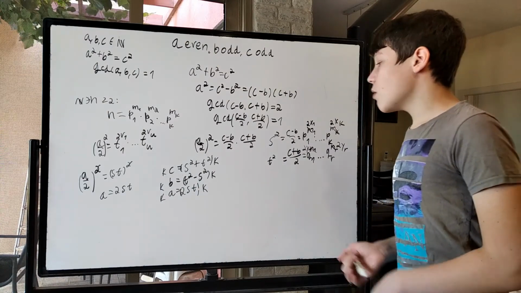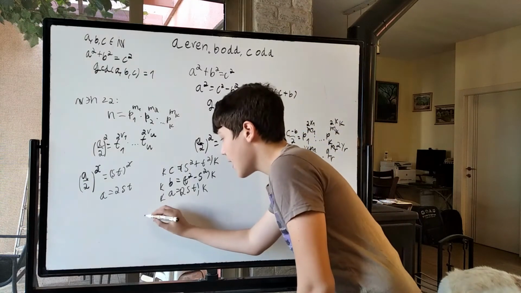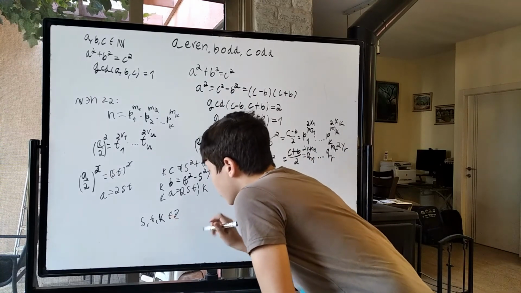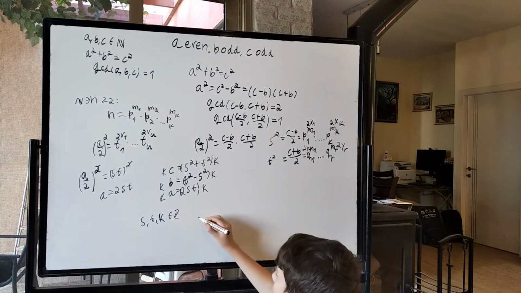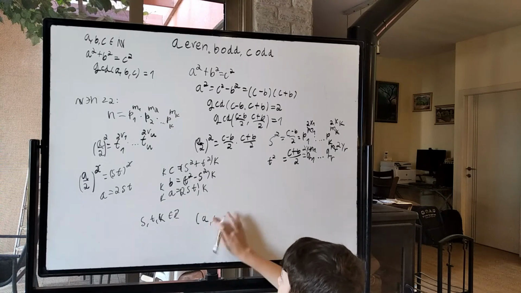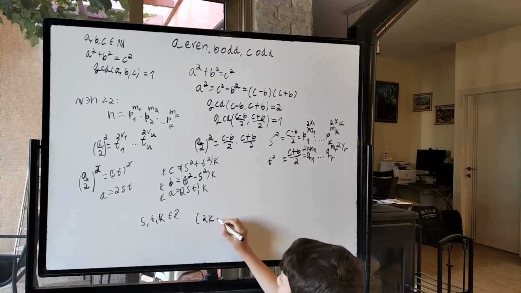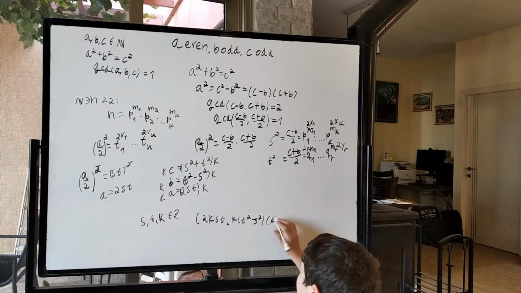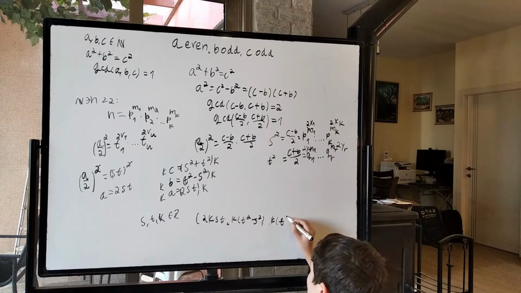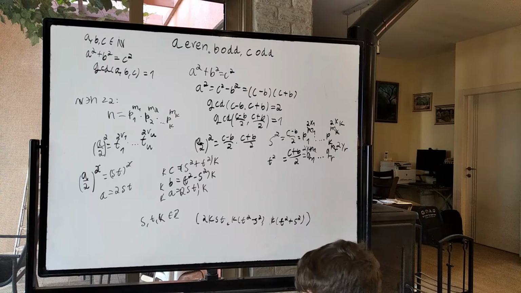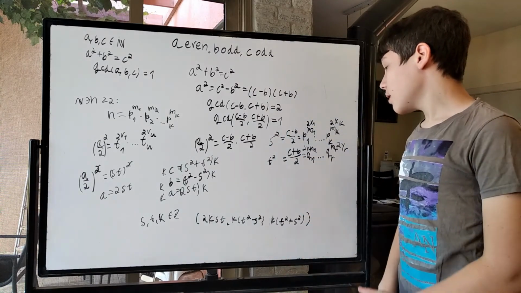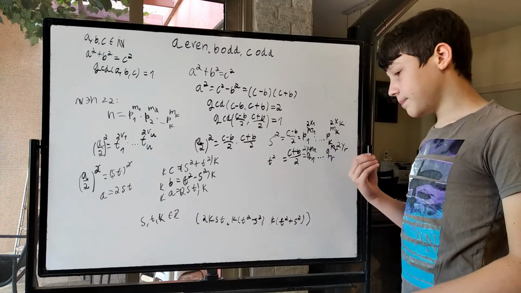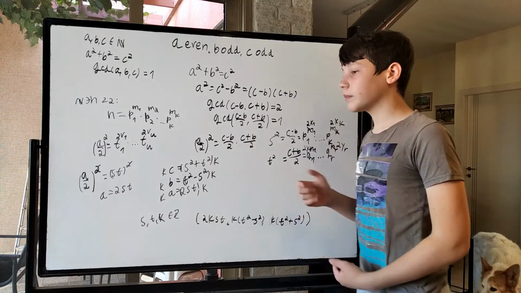And so finally we get that for s, t, and k that are whole numbers, all triples of the form 2kst, k times (t squared minus s squared), and k times (t squared plus s squared), we get that when we substitute in all the whole numbers, we'll get all the Pythagorean triples.